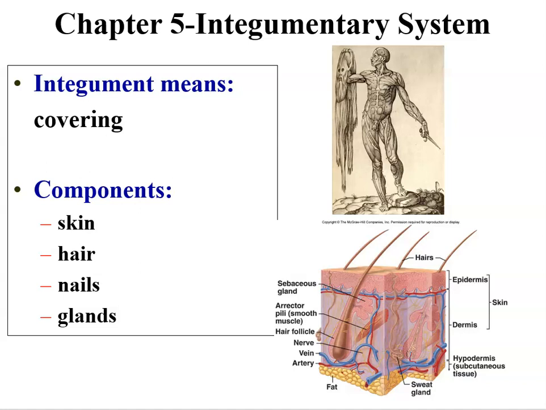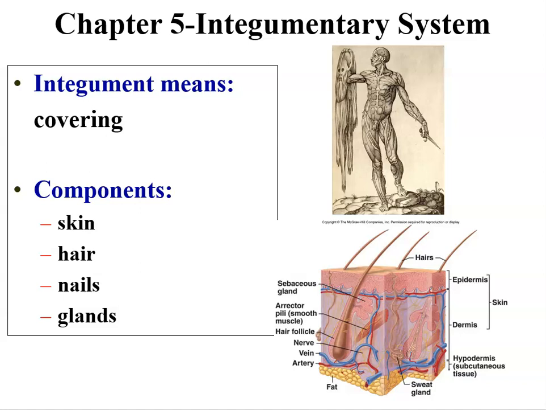Thus, it's quite familiar. We have seen our own integumentary system, observed others. We spend a lot of time, effort, and money in caring for and perhaps altering our integumentary system to express ourselves.